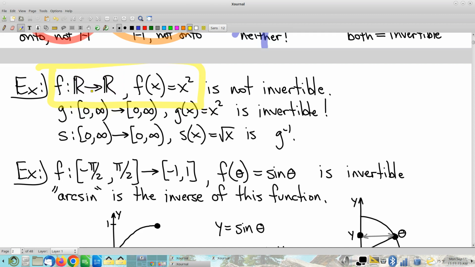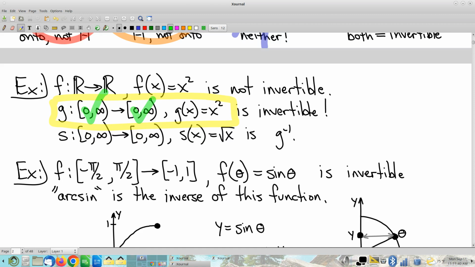Really importantly, not invertible. You're going to accidentally write down a bunch of absolute nonsense if you go around talking about this as being an invertible function. It just is not. However, easily resolved. Notice if we just change the domain to be just the non-negatives, and change the target to be just the non-negatives, no problem.